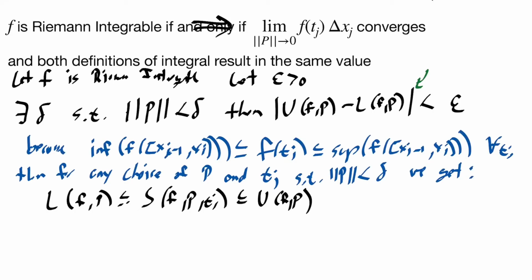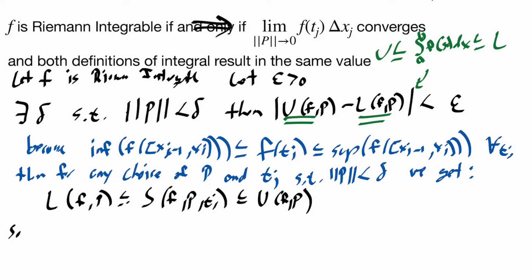But if this is the case, then I know that my integral must be somewhere in between these two, right? What I defined as the integral from a to b of f of x dx, which is the inf of all these U's and the sup of all these L's, must be somewhere between U and L, right?